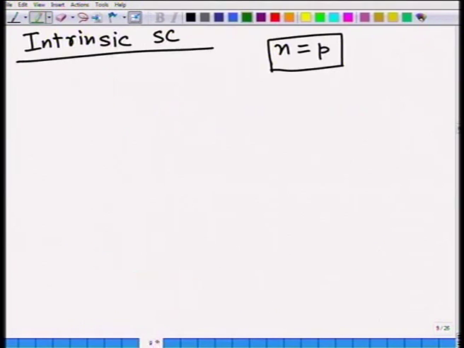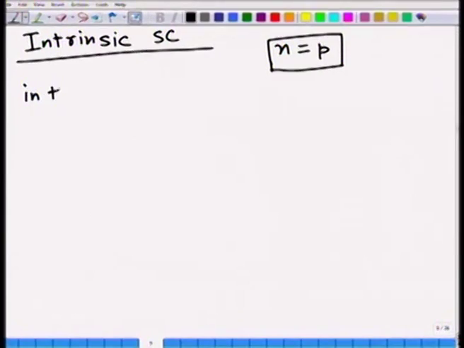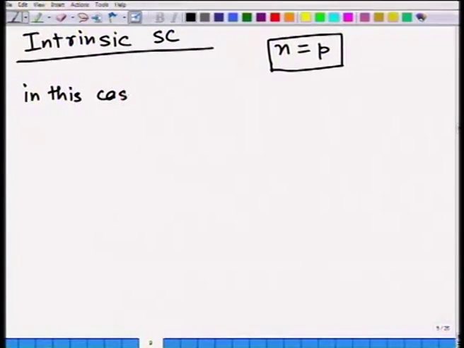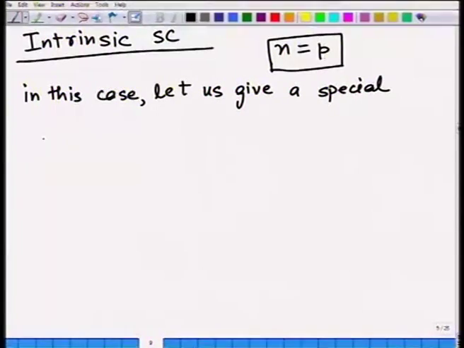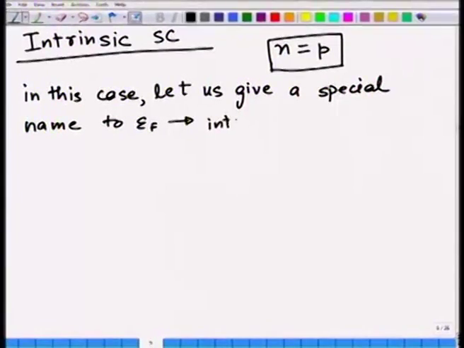So, let us say under this condition, let us give a special name to EF. We will call it the intrinsic Fermi level, and we will give it the symbol EI.